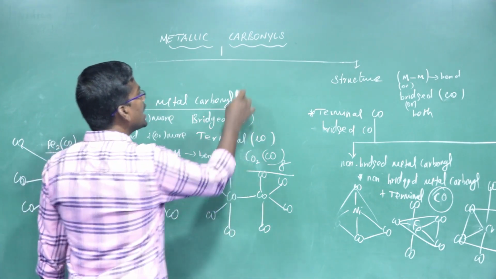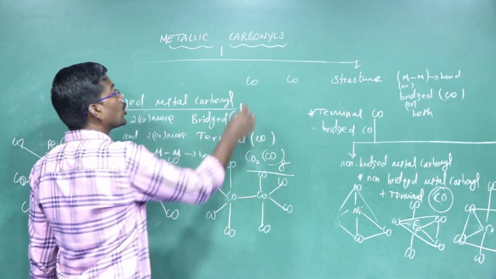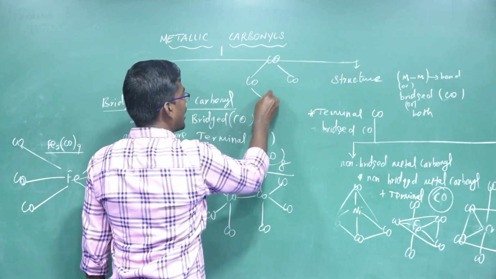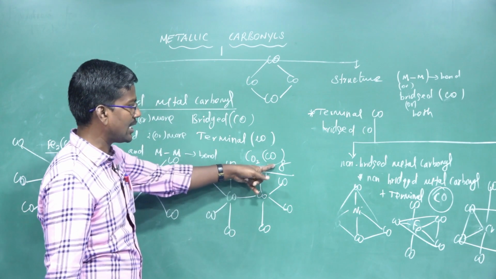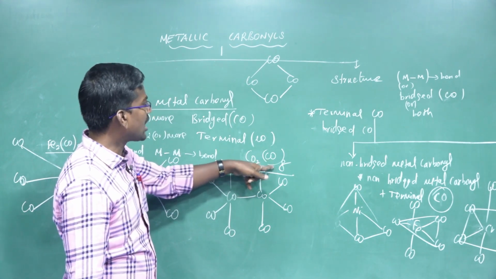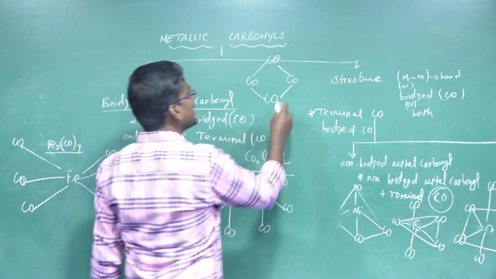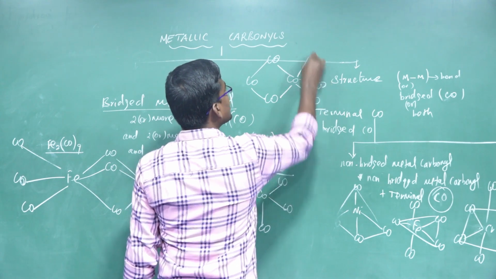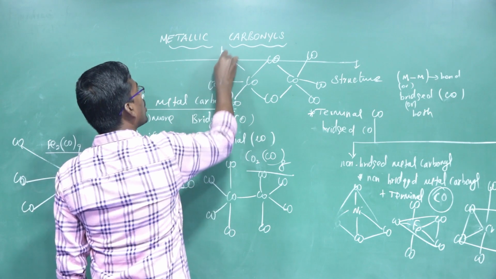Another one, in which the cobalt metals are not directly bonded, but are bonded through bridged carbonyls. Among the 8 carbonyl ligands, 2 are bridged carbonyl ligands. The remaining 6 carbonyl ligands are terminal.